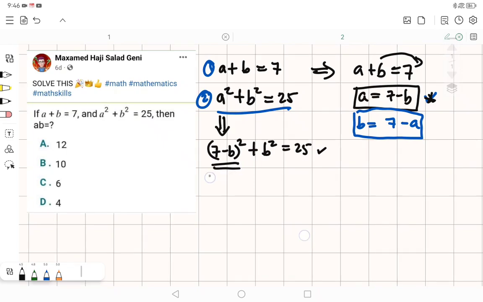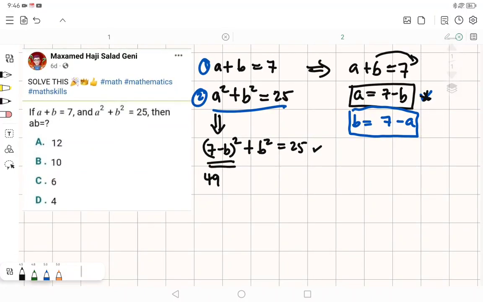So 7 squared is 49, and then twice the product of the first and the second, so it will be negative 14b. And then square the last term, negative b, inside the parentheses, so it will be positive b squared. And then plus b squared is equal to 25.